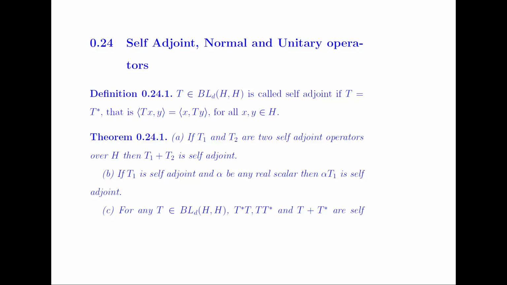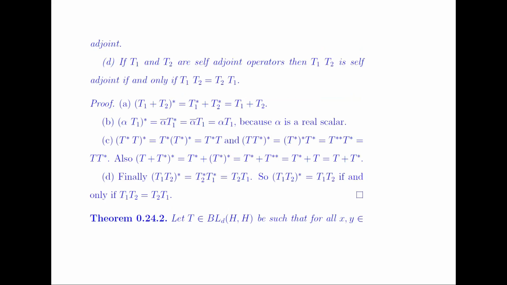Second, if T1 is a self-adjoint operator and alpha is any scalar, then alpha T1 is also a self-adjoint operator. And number three, if T is a bounded linear operator from H to H, then T star T, T T star, and T plus T star are self-adjoint operators.